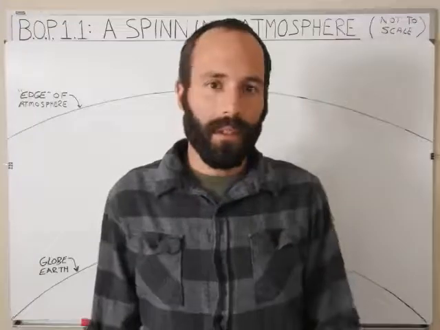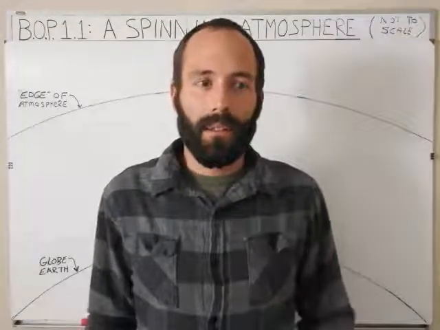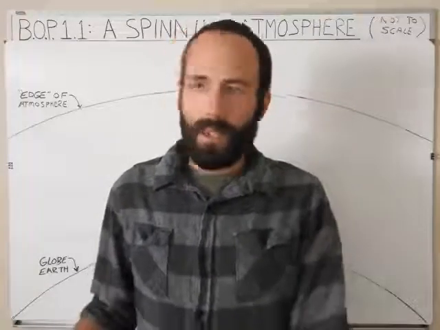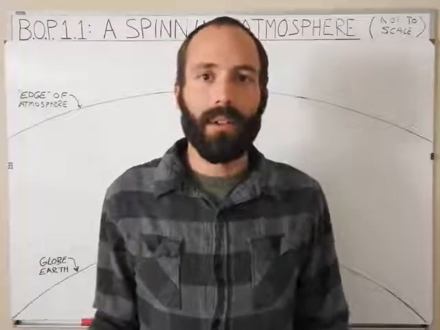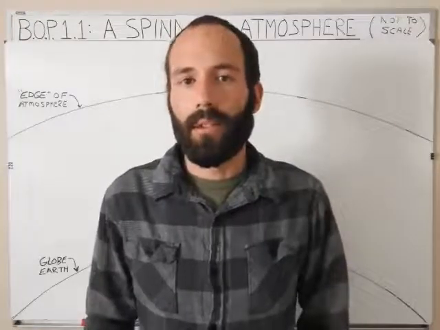When I first started looking into the idea of a rotating Earth and applying it to the everyday world I see, one of the first things I thought about were planes flying above a spinning Earth, and I talked about that in that video.